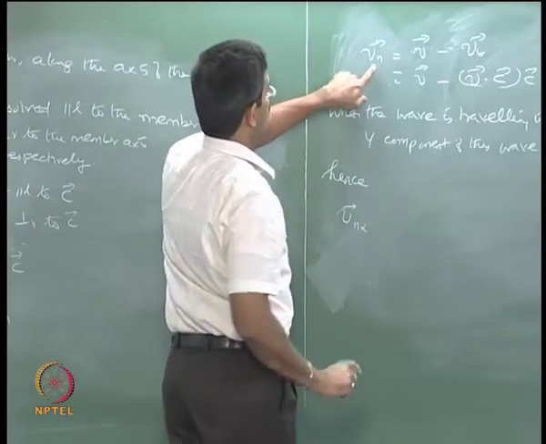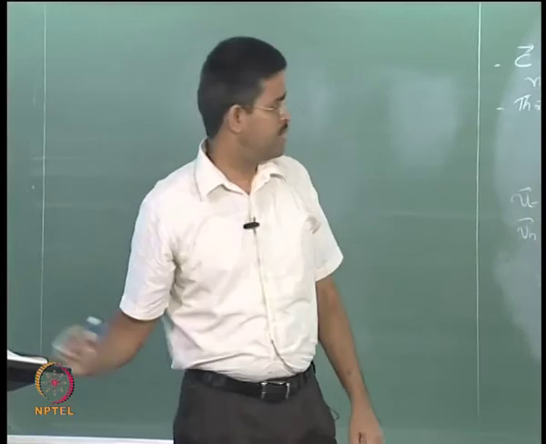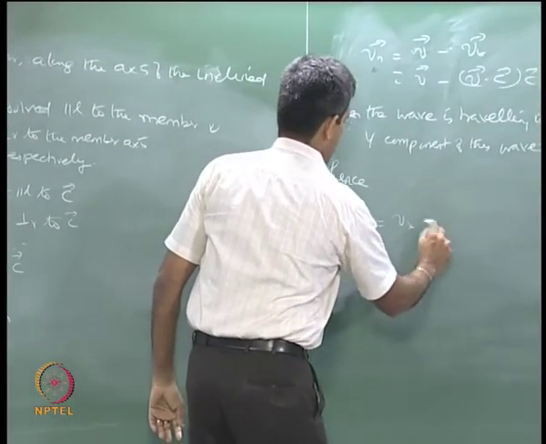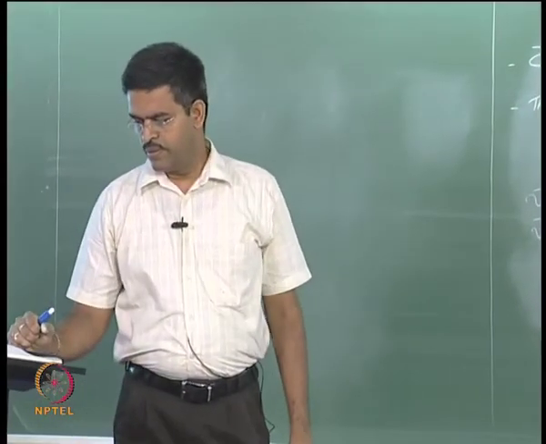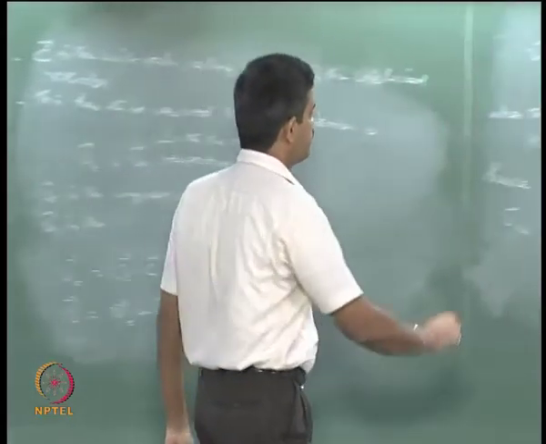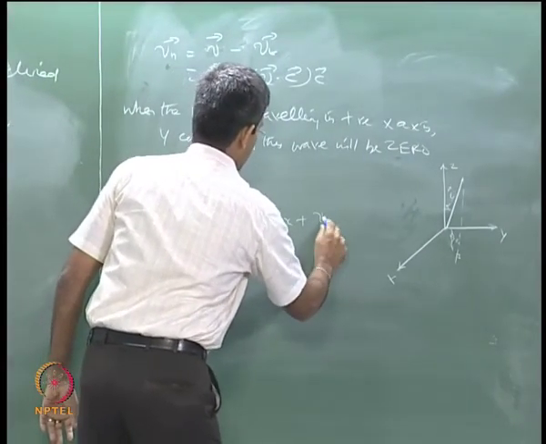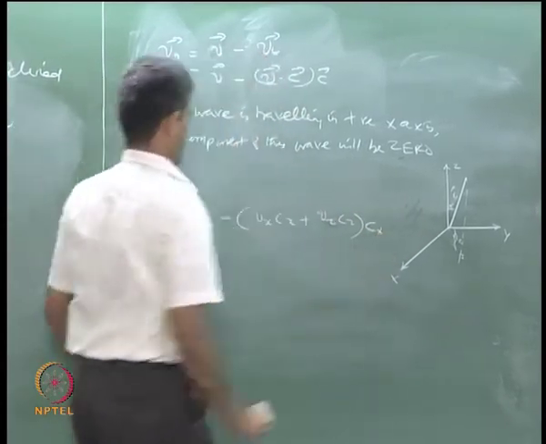I can write simply Vnx, I am looking here, Vnx as Vx minus (Vx Cx plus Vz Cz) times Cx.